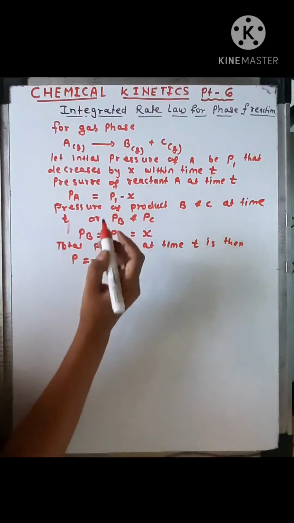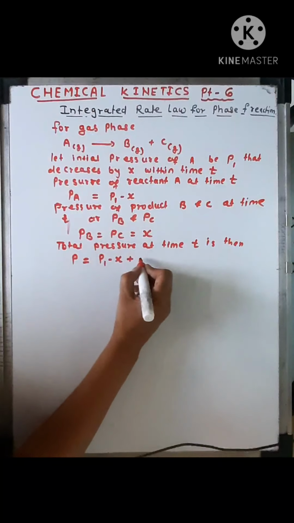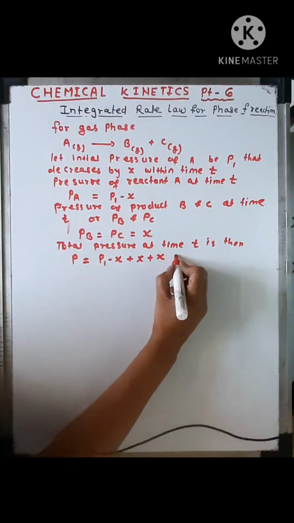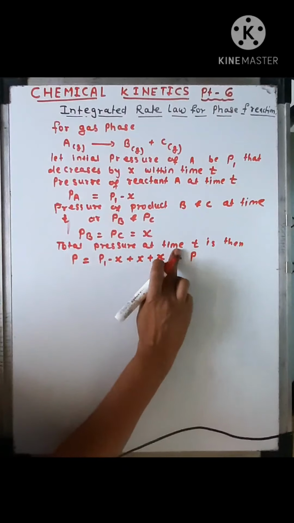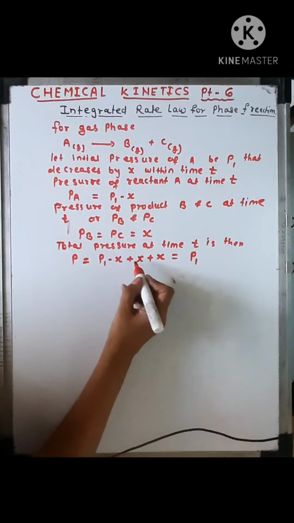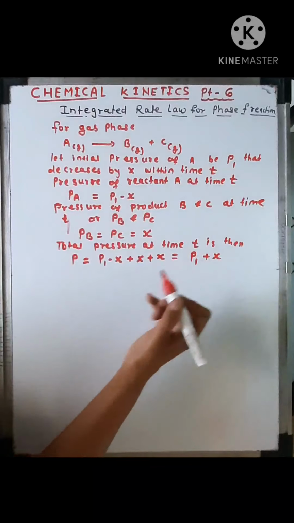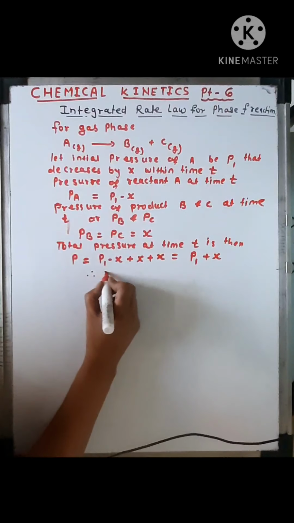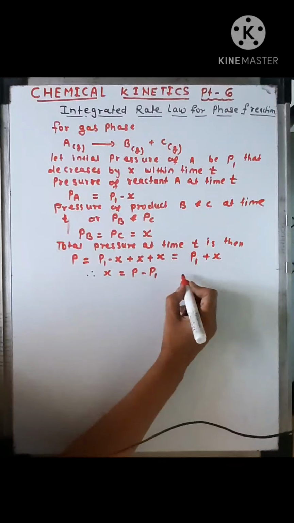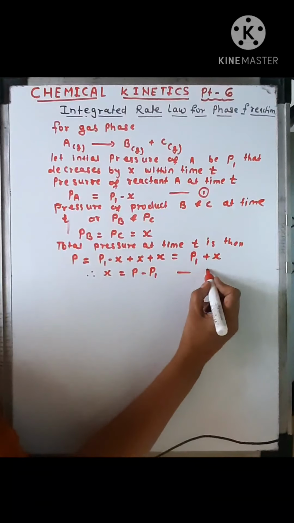So value of PA is P1 minus x, value of PB is x, and PC is also x, and it is equal to P1, this x and x get cancelled, P1 plus x. Total pressure is equal to P1 plus x, and therefore x is equal to P minus P1. This is equation 1 and this is equation 2.